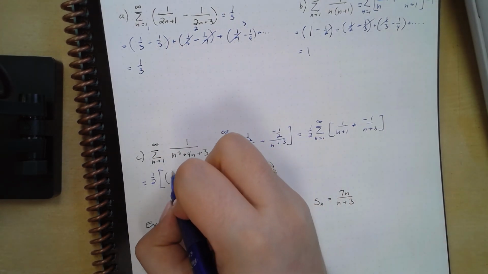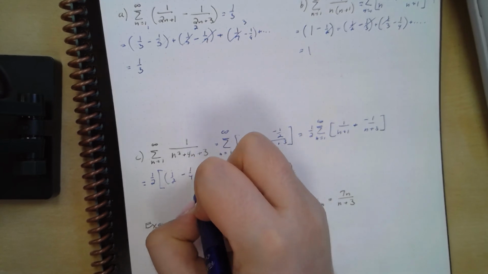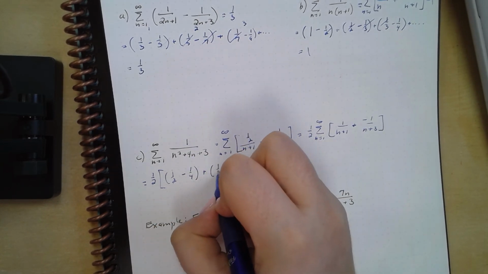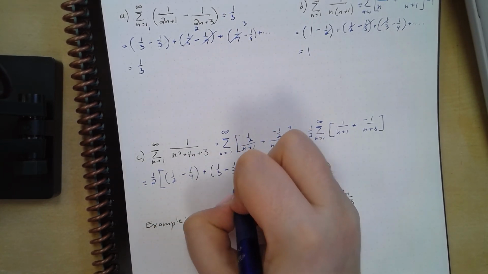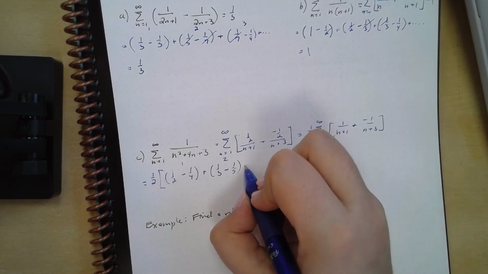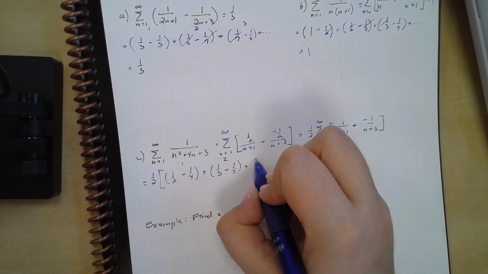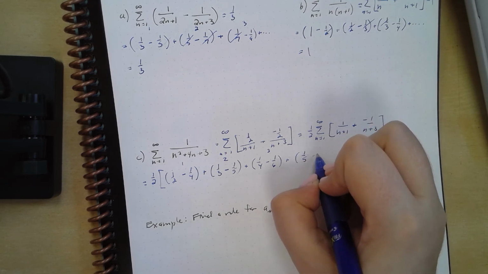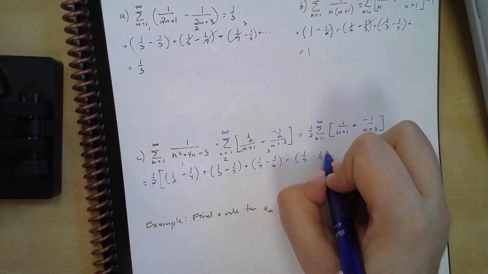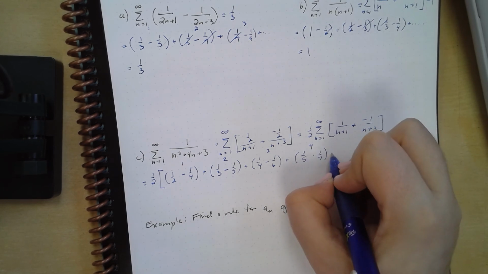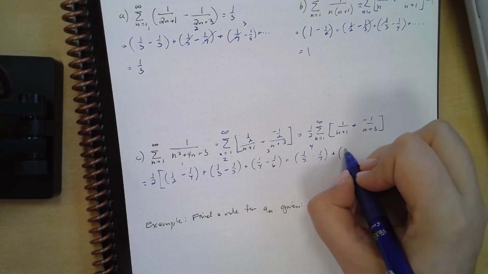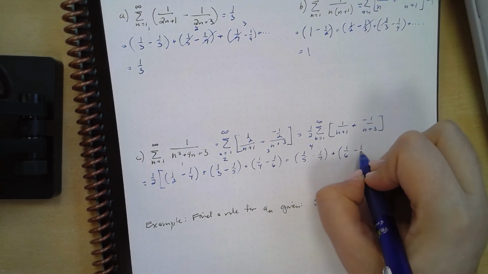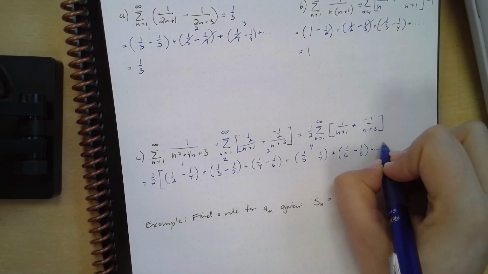Looks like I'm going to have 1/2 minus 1/4 plus 1/3 minus 1/5. There's my first term, my second term, plus 1/4 minus 1/6 plus 1/5 minus 1/7, right? Plus, and I should add another one, 1/6 minus 1/8, right? On and on and on.